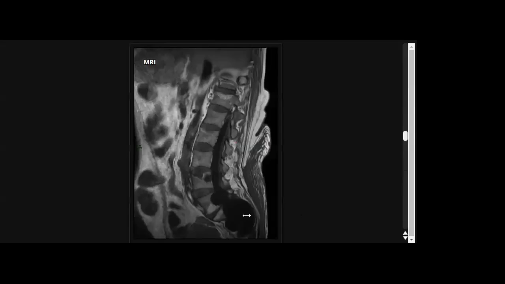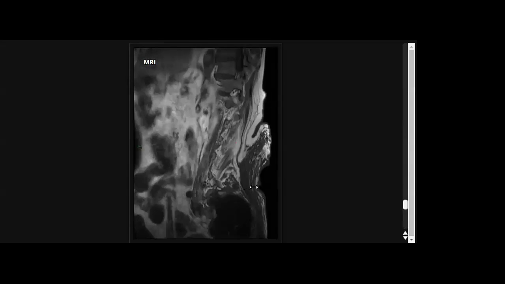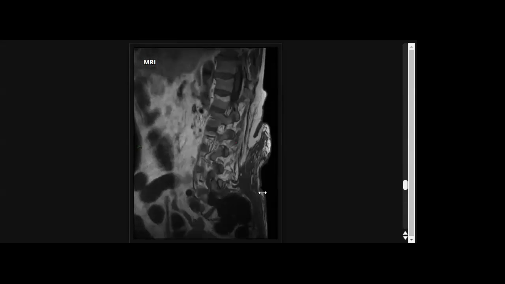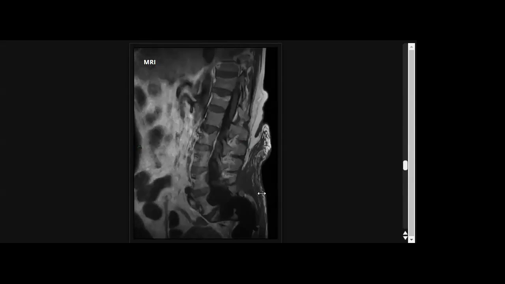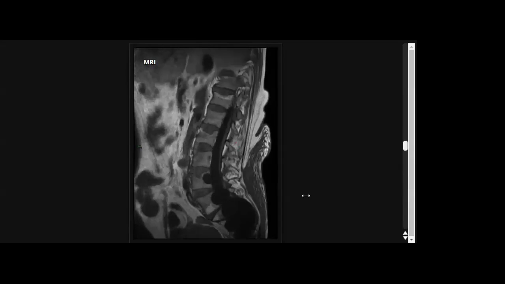Now I'm provided with the sagittal T1 weighted images where I can see the same findings with the dural ectasia and the low-lying cord and conus medullaris. I'm scrolling through the images and looking for any fat intensity here. There is a slight lag in the scrolling of the images, but I'm looking at the posterior elements. I cannot appreciate any definite defect there.